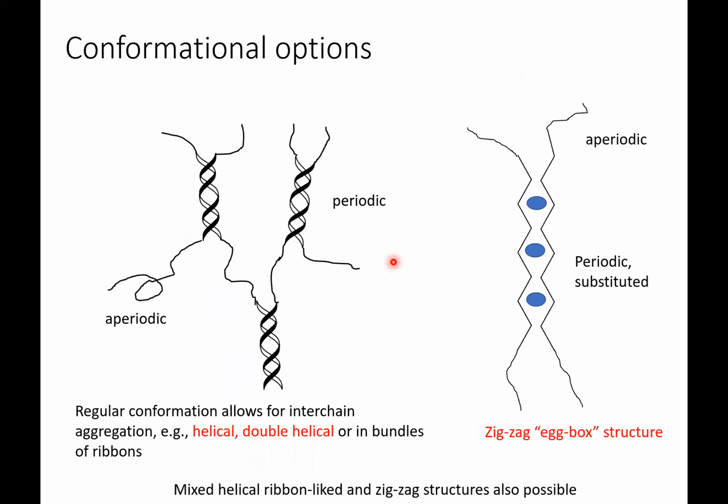So there are some conformational options. If these long polysaccharide chains can align in a favorable way, they can form organized areas. These organized areas can look like double helices or triple helices, or just a helix. They can also be lined up parallel nicely and then form so-called crystalline or ordered regions.